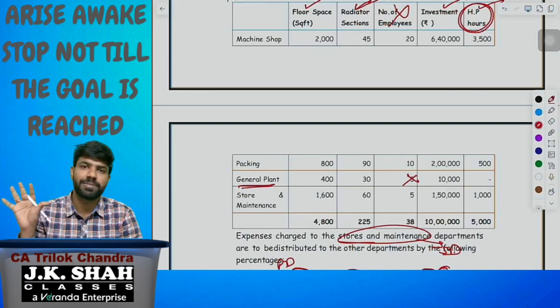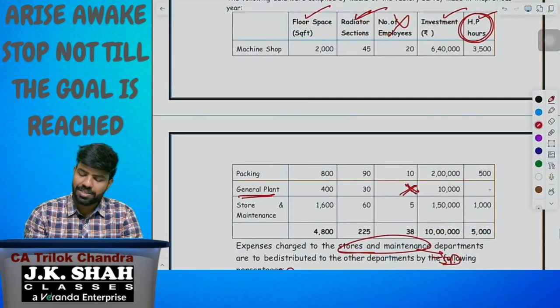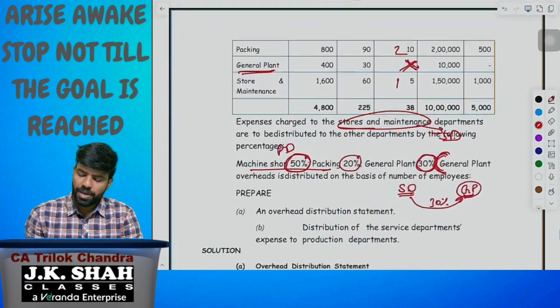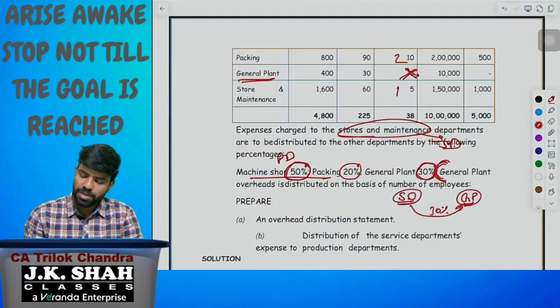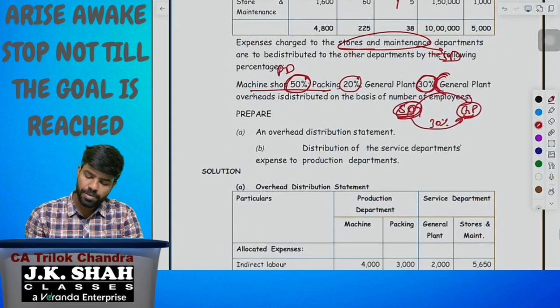Self-service is not a service. So general plant based on number of employees, don't take this 3. The balance is 20, 10, 5. We can take it as 4 is to 2 is to 1. Okay. So stores and maintenance should be apportioned to the general plant. Are you understanding? Okay.